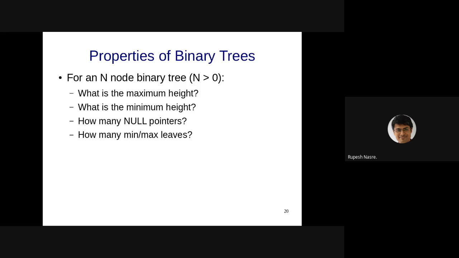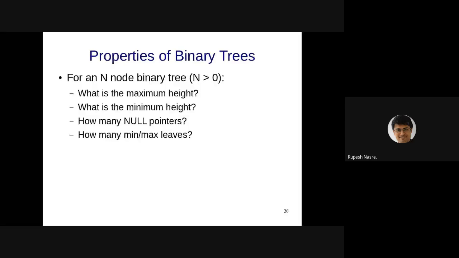The reason why I gave that example of log n height with n by 2 leaves is that it has a small rounding error, right? Because if it's a complete binary tree, then you will have ceil of n by 2 leaves and n by 2 minus 1 internal nodes.